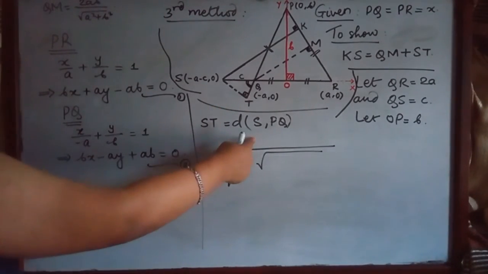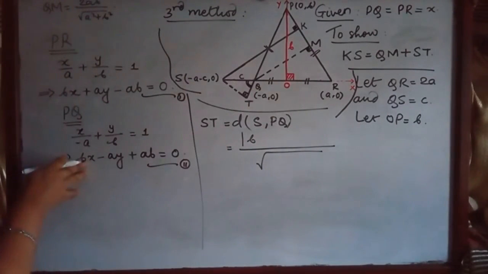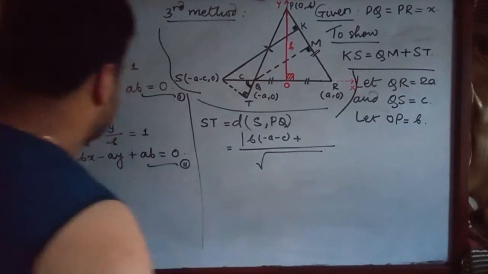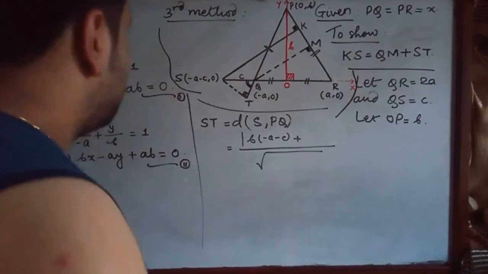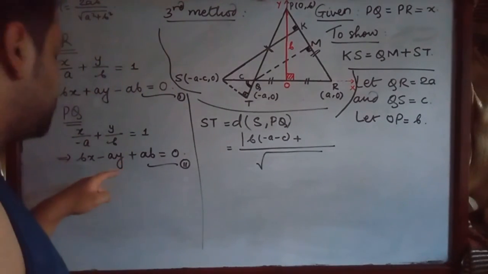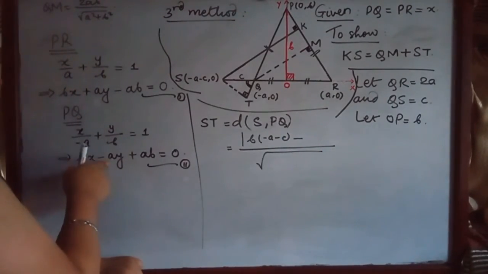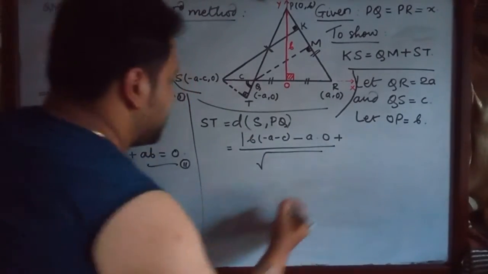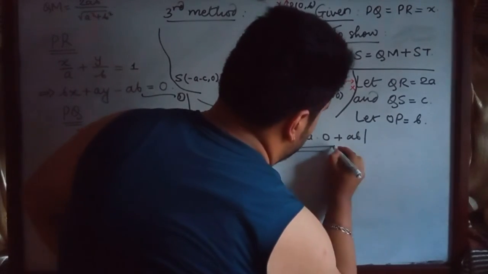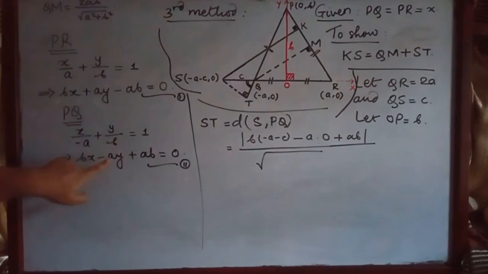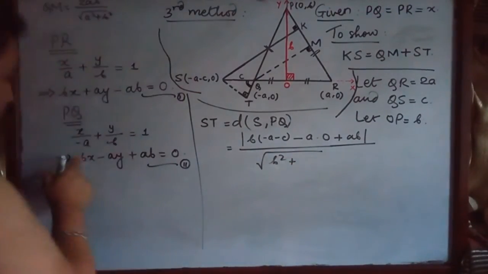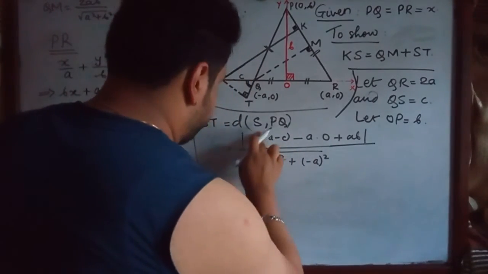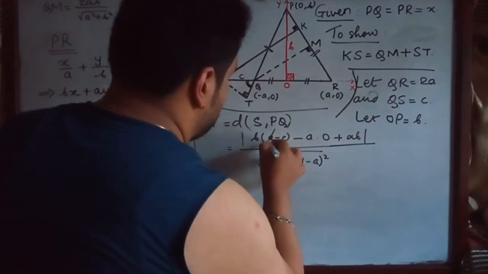So in the numerator we get b times the x coordinate of this point, minus a minus c, minus a times the y coordinate of S, plus ab, over the square root of b squared plus (minus a) squared. The ab and minus ab get cancelled out.